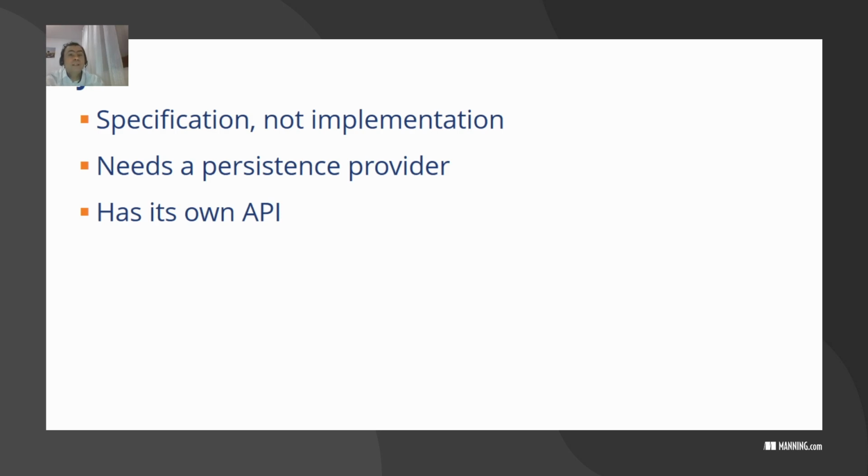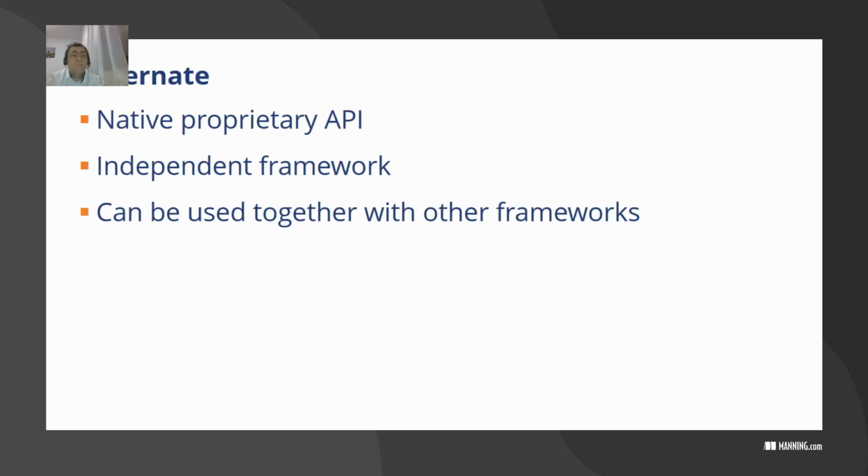Of course, behind the JPA specification, you need a persistence provider that will effectively implement the object-relational mapping. Hibernate, for example. JPA provides its own API, and we are free to choose from a few alternatives as a persistence provider.